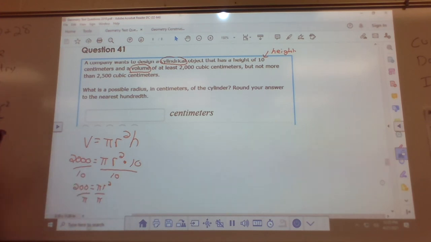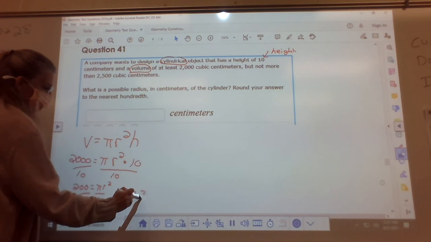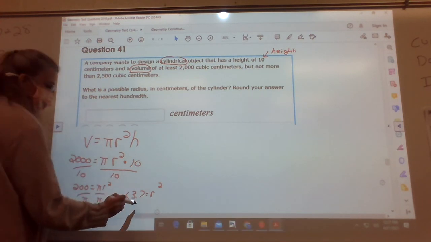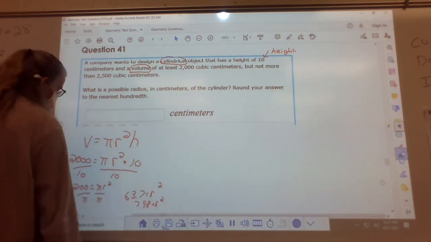If I take 200 divided by 3.14, I get 63.7 if I round, equals radius squared. Then my last thing is to take the square root. Square root of 63.7, and I get 7.98.